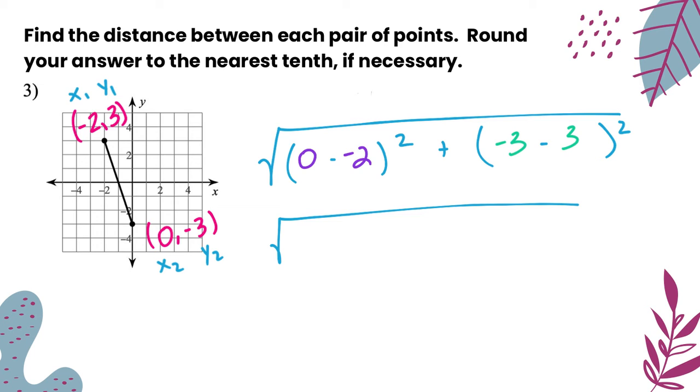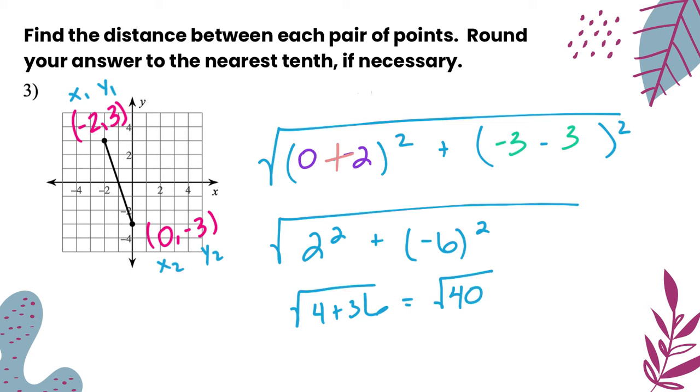That will give me a negative negative that becomes positive. So I get 2 squared plus negative 6 squared. So 4 plus 36 gives me the square root of 40. And when I plug that into my calculator, I get about 6.33. And that's my distance.